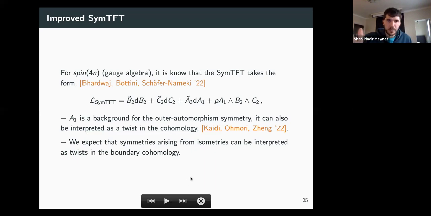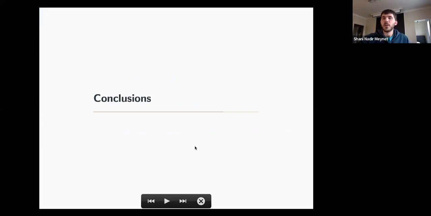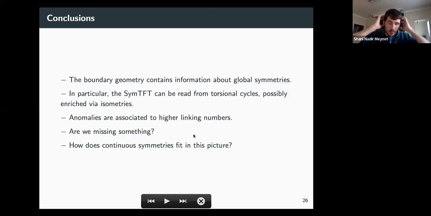But anyway, as I said, I just want to point out that this has been left over a bit in the literature so far and needs to be implemented in order to get the full spectrum of topological symmetries.